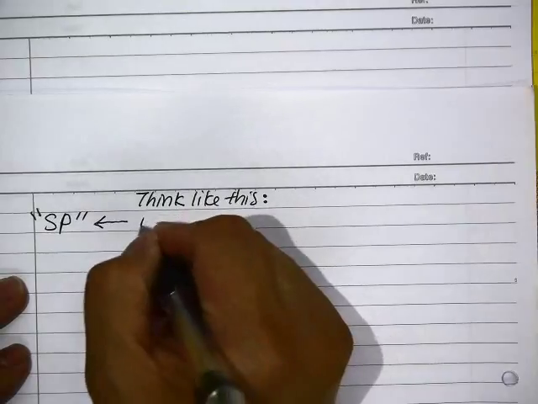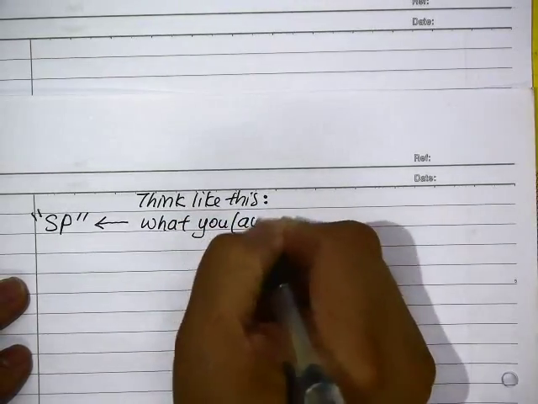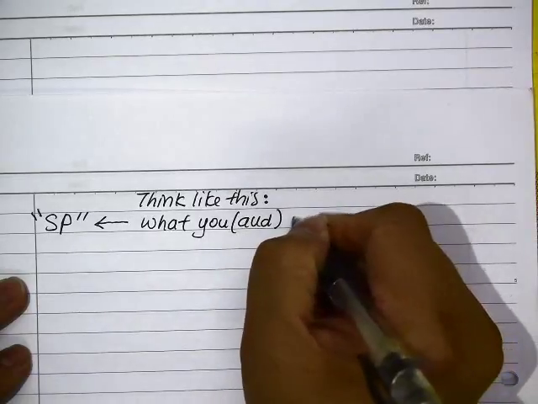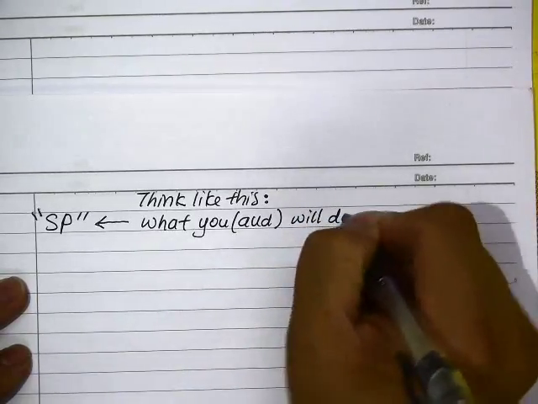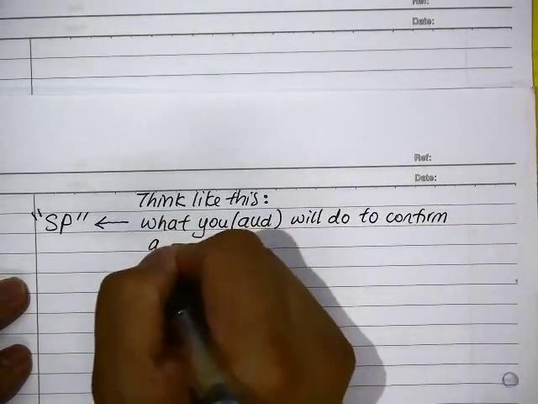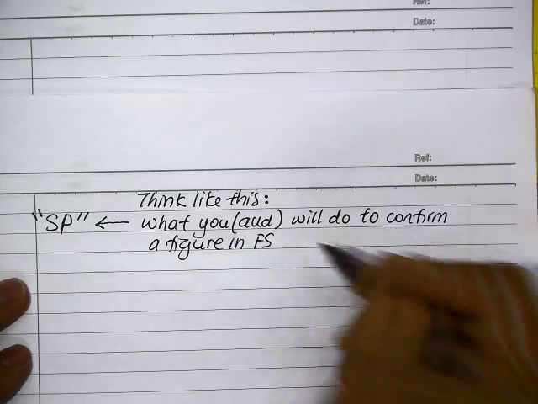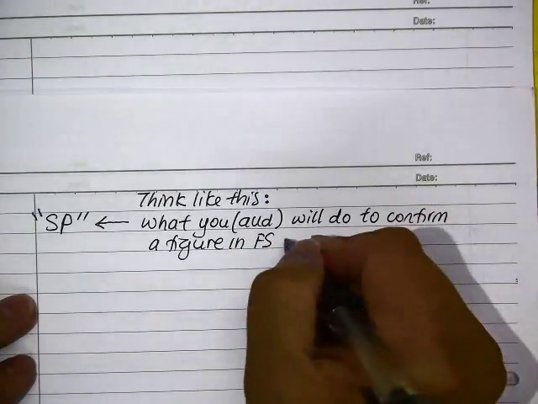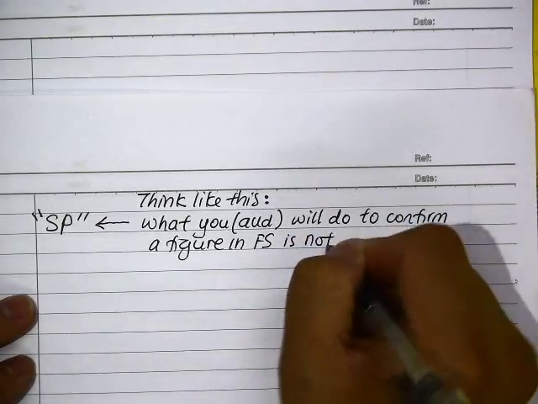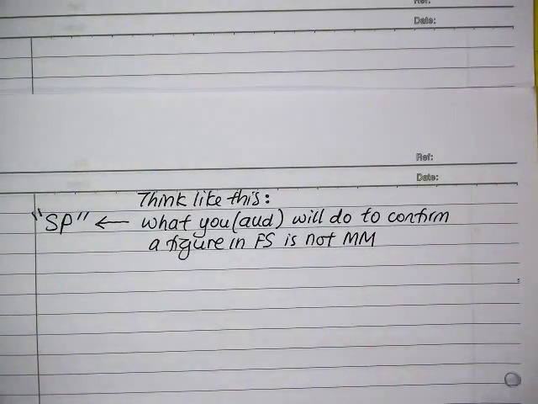It's all about what you as auditor will do to confirm a figure in the financial statement that you see is not materially misstated.